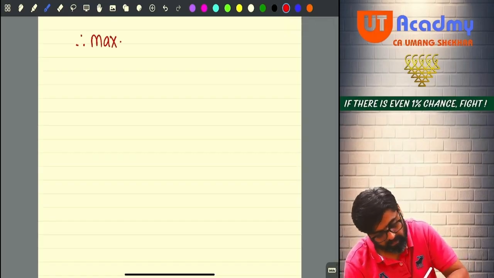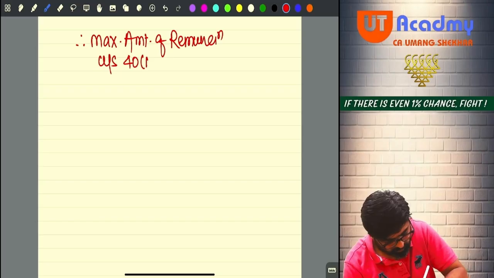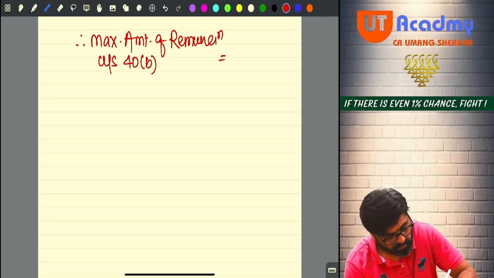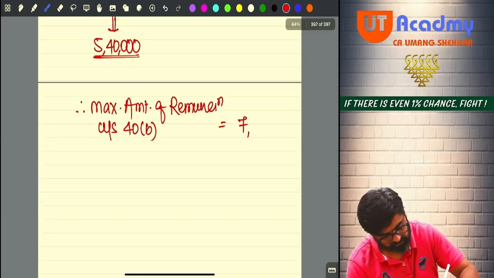Therefore, maximum amount of remuneration as per section 40(b) can be 7,80,000, sir.